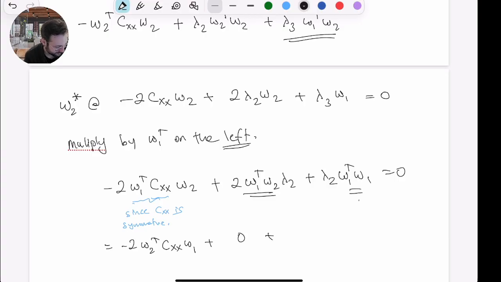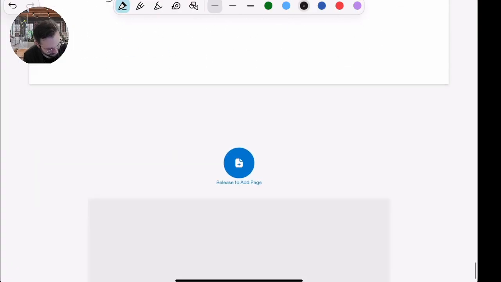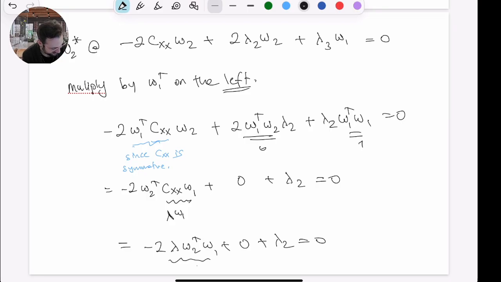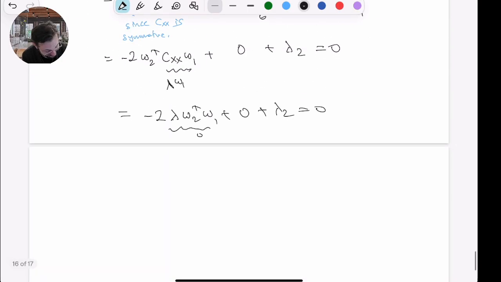Plus, and this is 1, so I have lambda 2. And if I recalculate this, I know this is lambda W1, the greatest eigenvector. So I will get negative 2 lambda W2 transpose W1, which is 0, plus lambda 2, which is equal to 0. So lambda 2 is equal to 0.